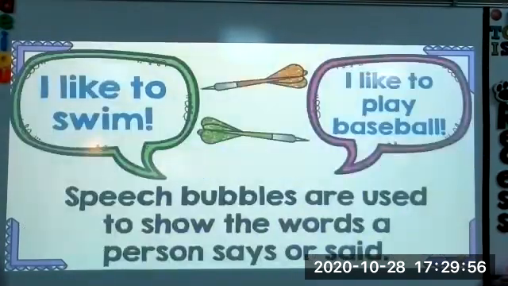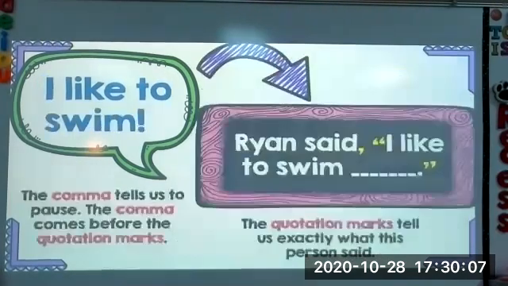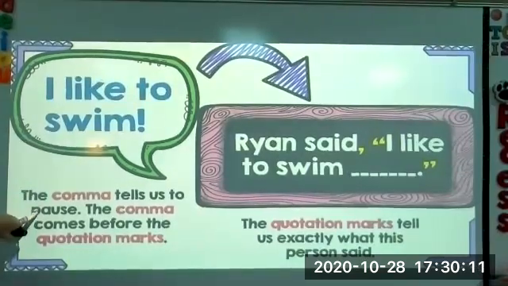Okay, so speech bubbles are used to show the words a person says or said in the past. The comma tells us to pause, and the comma comes before the quotation marks. And the quotation marks tell us exactly what this person said.